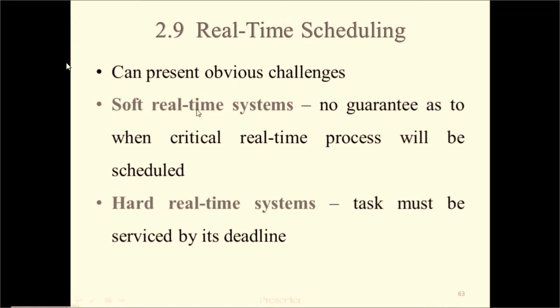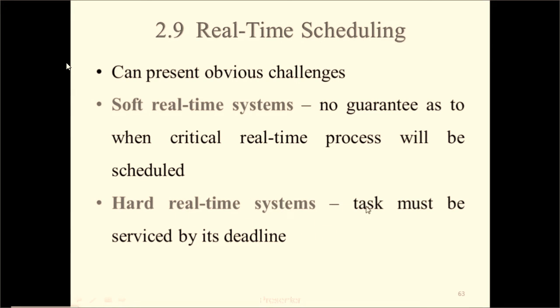In soft real-time systems, there is no guarantee as to when a critical real-time process will be scheduled. So whether real-time is really achieved or not, can't say. But yes, efforts are there to go for real-time. That is why this is called soft.